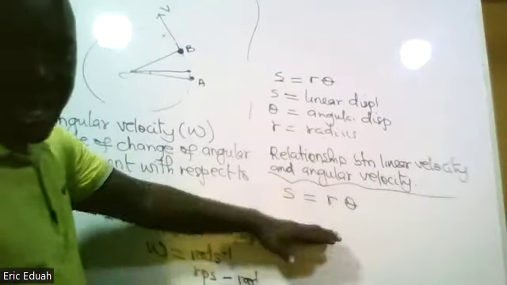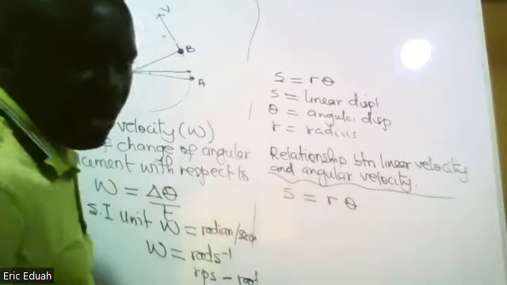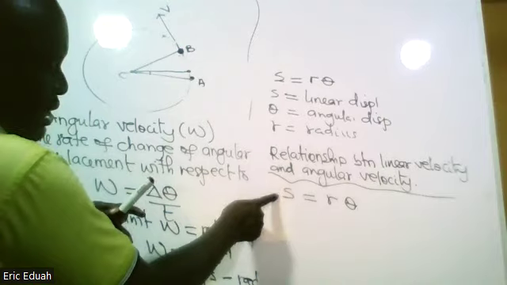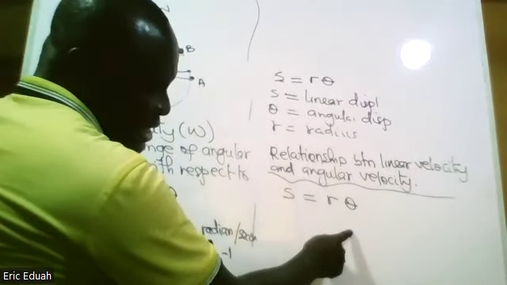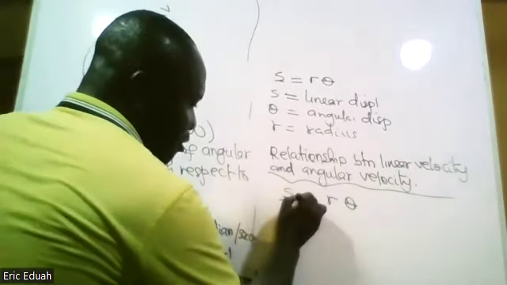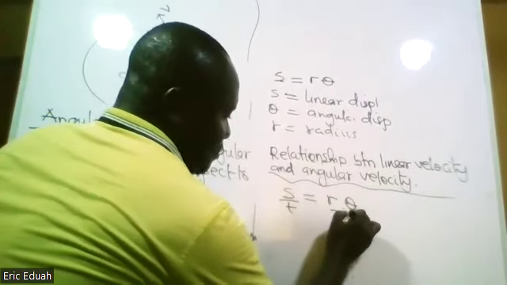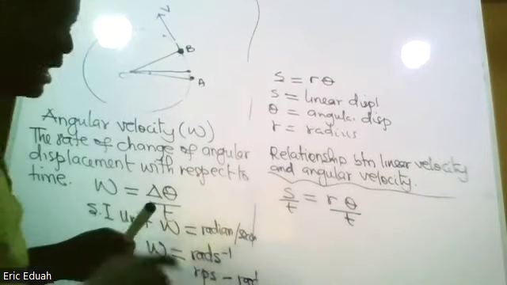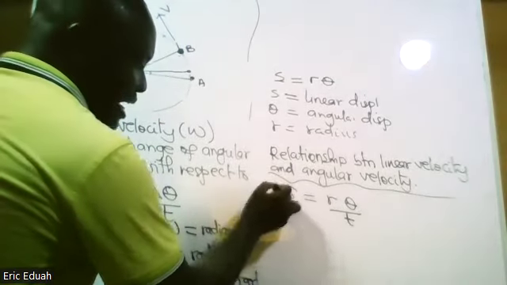So divide both equations by time, because the changing time would affect the position and the angle at the center. When you divide both equations by time, what is S over t?